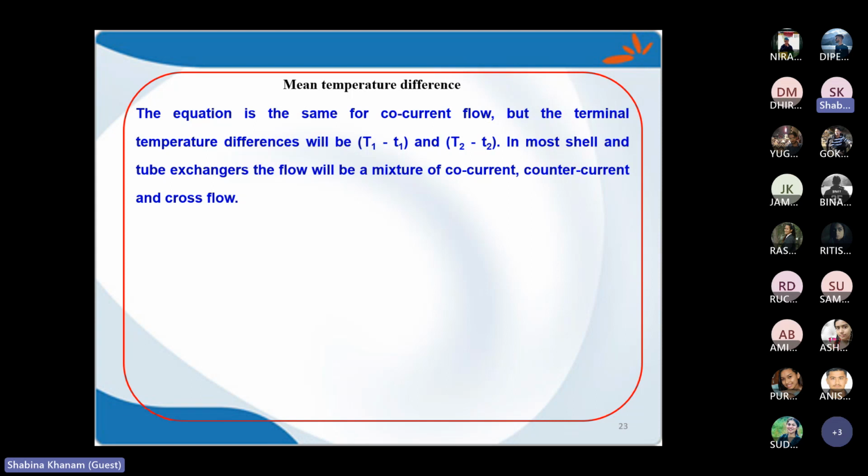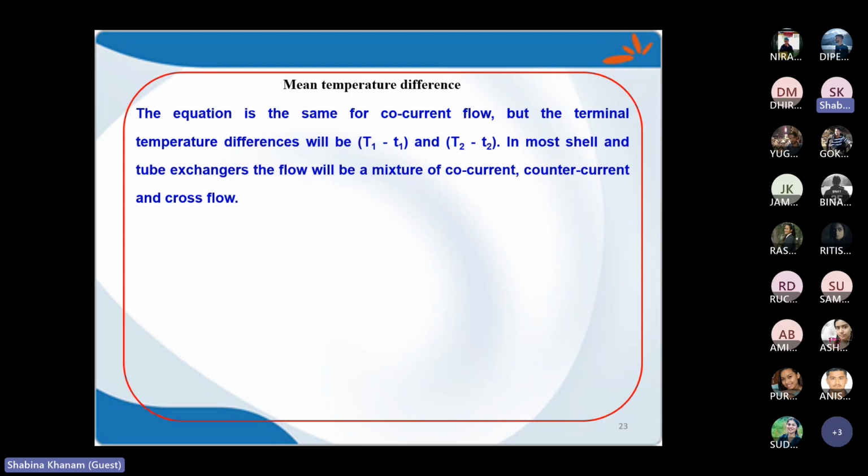So in a shell and tube heat exchanger, we come across different types of movements. There is co-current, there is counter current, and there is cross flow. So a mixed kind of flow is usually observed in a shell and tube heat exchanger, which is different from what we considered in the double pipe.